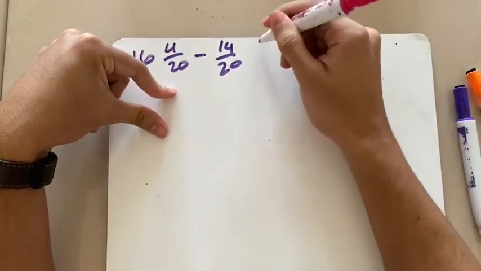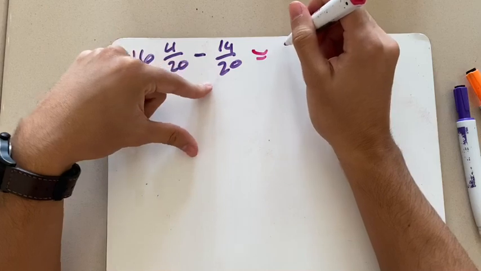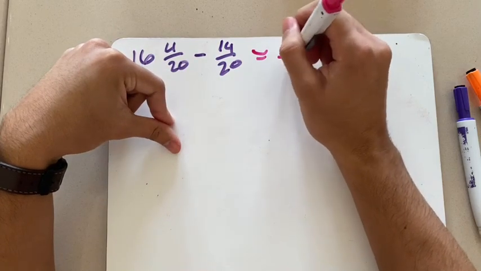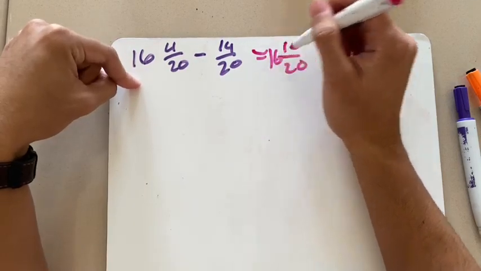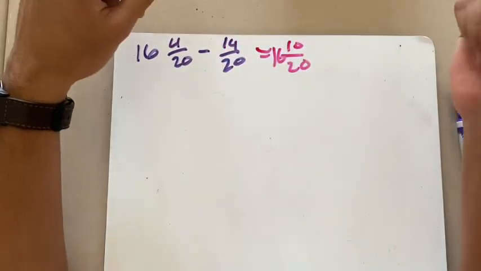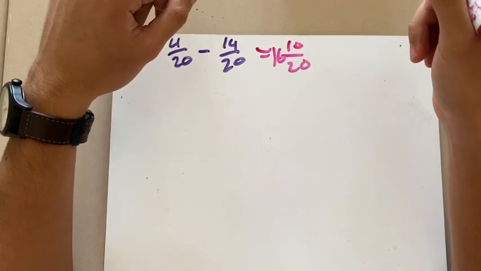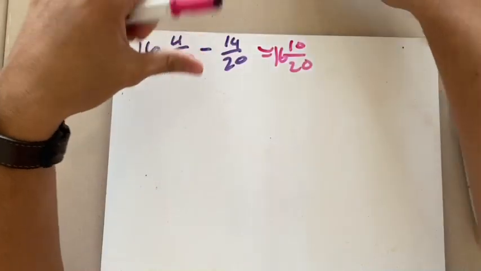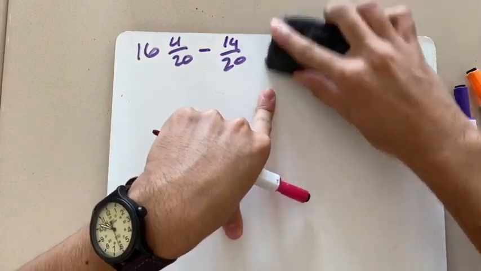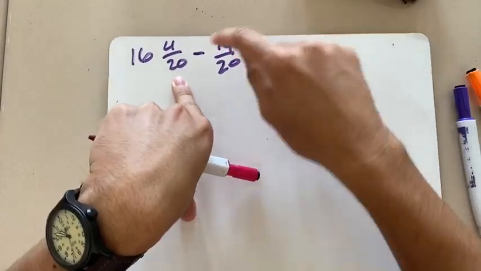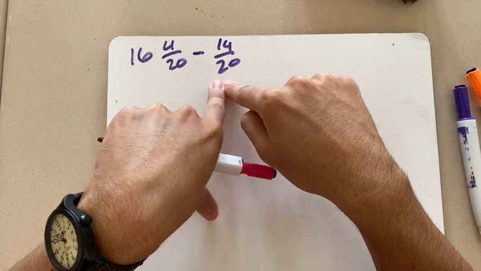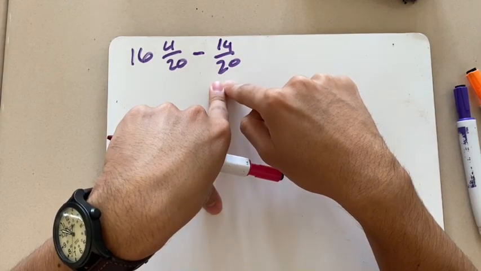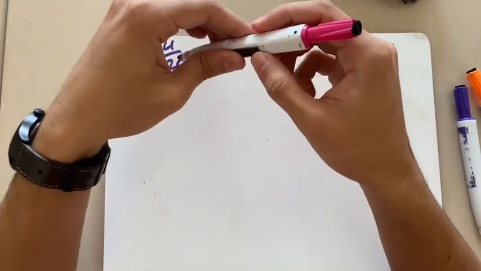Yes. So 4 minus 14, that is 10. And then our whole number, so our answer is 16 and then 10 over 20. Correct? No. We cannot subtract 4 from 14. You have $4, but your friend is asking for 14. Subtracting 14, do you have enough?